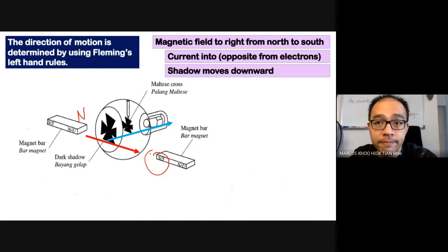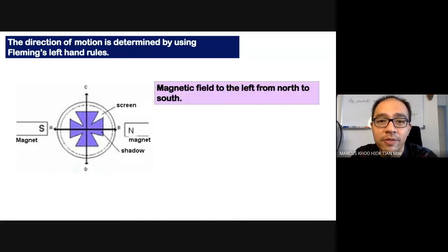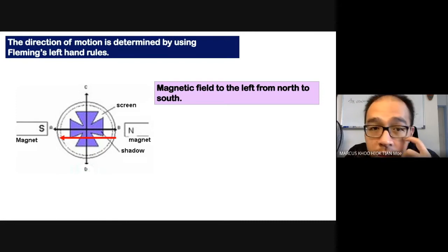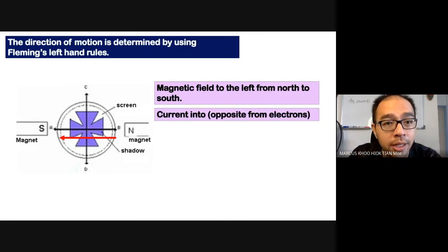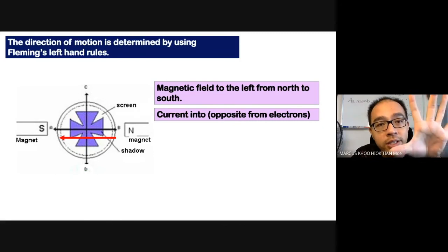Very good. Same thing. Magnetic field is from north to south, to the left. Current is flowing opposite the electrons. Now you are seeing the screen.